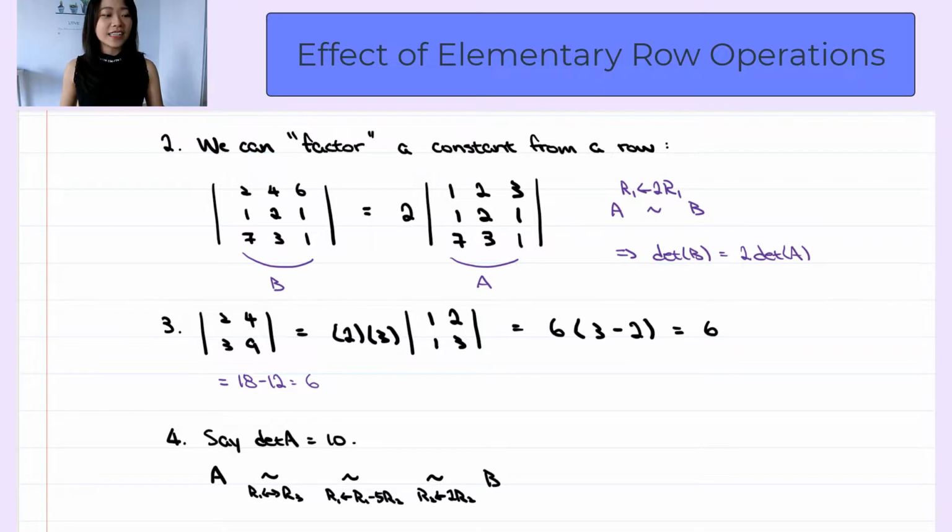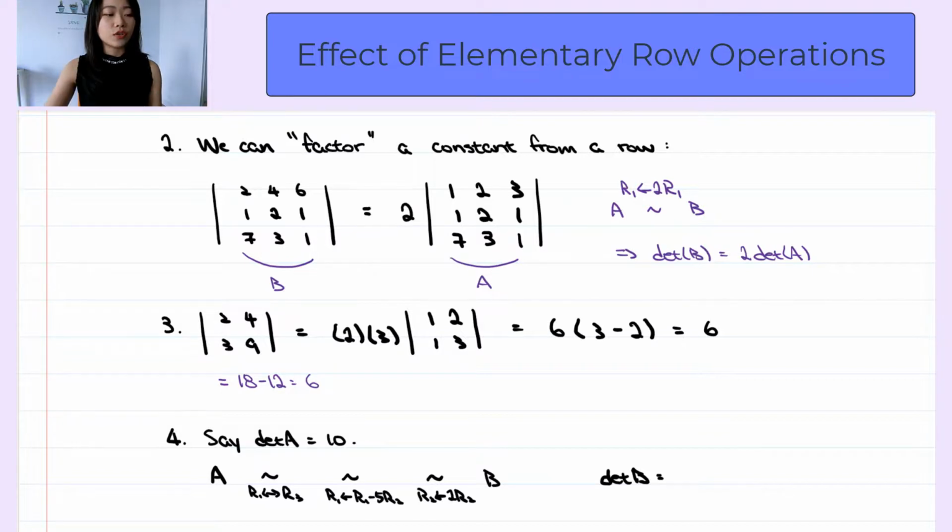Now let's look at the last example. It's given that determinant of A is 10. And we perform 3 elementary row operations on A to get to matrix B. And the question is, what is the determinant of B? The first elementary row operation we perform is we interchange 2 rows.